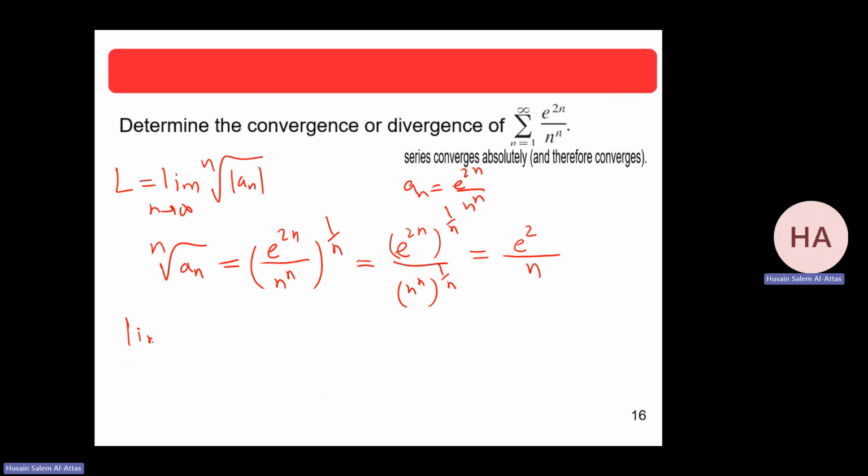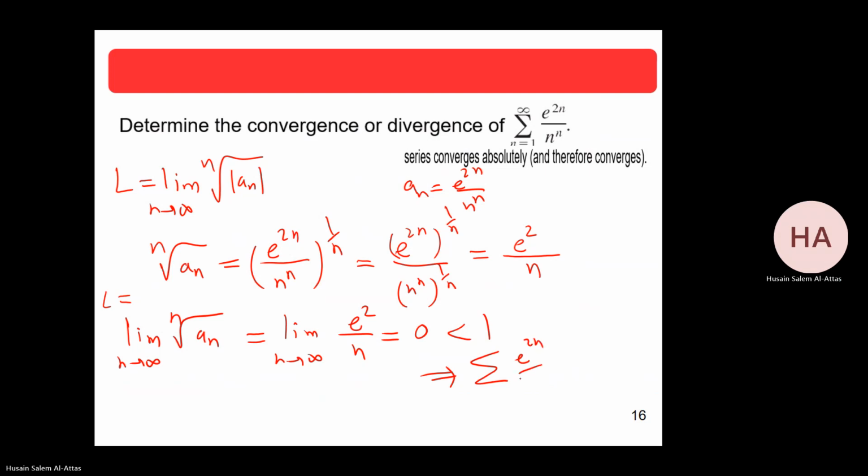So it will be the limit as n goes to infinity of the nth root of a_n, since everything is positive. That will be my L. That will be the limit as n goes to infinity of e over n, and that is 0. This is less than 1, so this series converges absolutely.